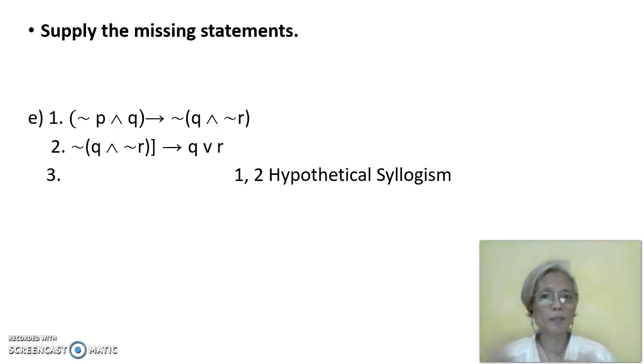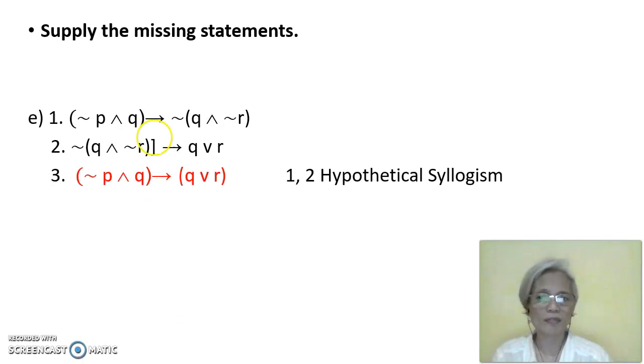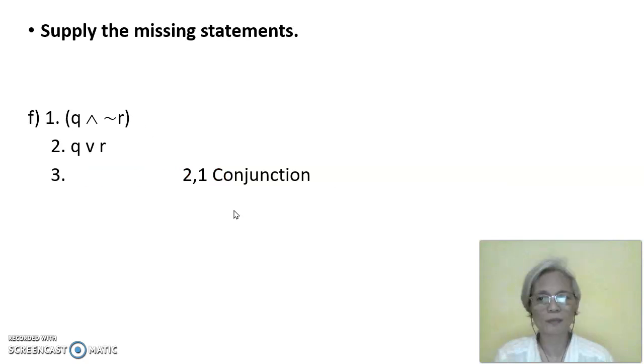You have P implies Q, Q implies R, and therefore P implies R. In this particular example, this is our P, P implies Q, Q implies R. So we would expect that P implies R as the final answer. And we have that. This is our P, and this is our R. So P implies R. That's our answer.